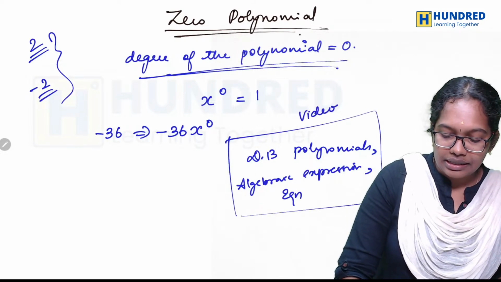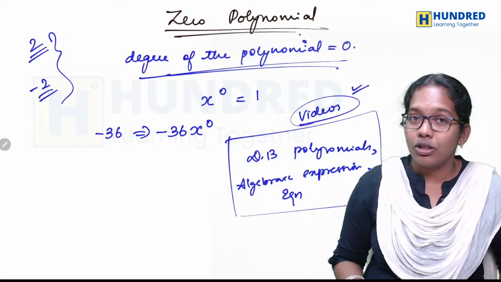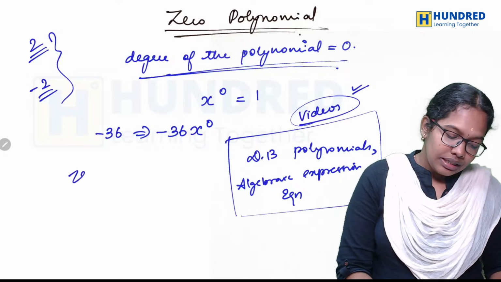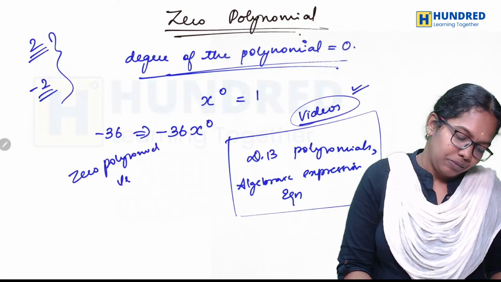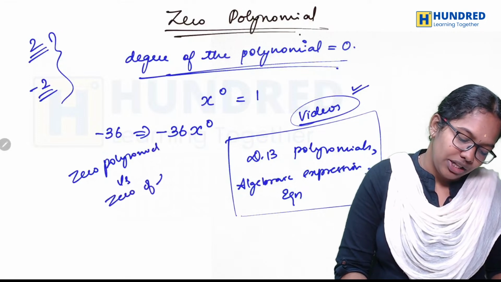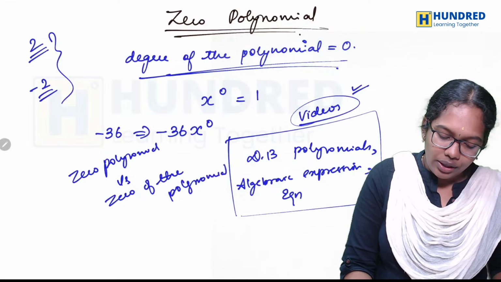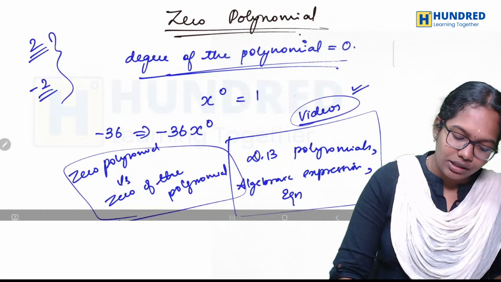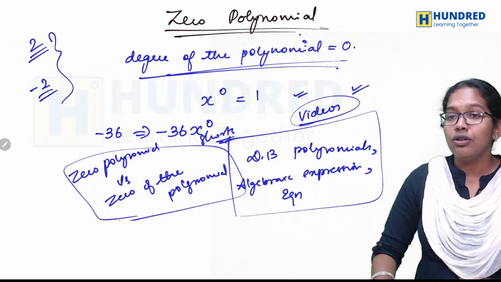In the video section it is there, so just go and watch it. And I have also made a short on zero polynomial versus zero of the polynomial. You can understand the concepts easily over there. So just go and watch this short and this video. This will be useful for you.